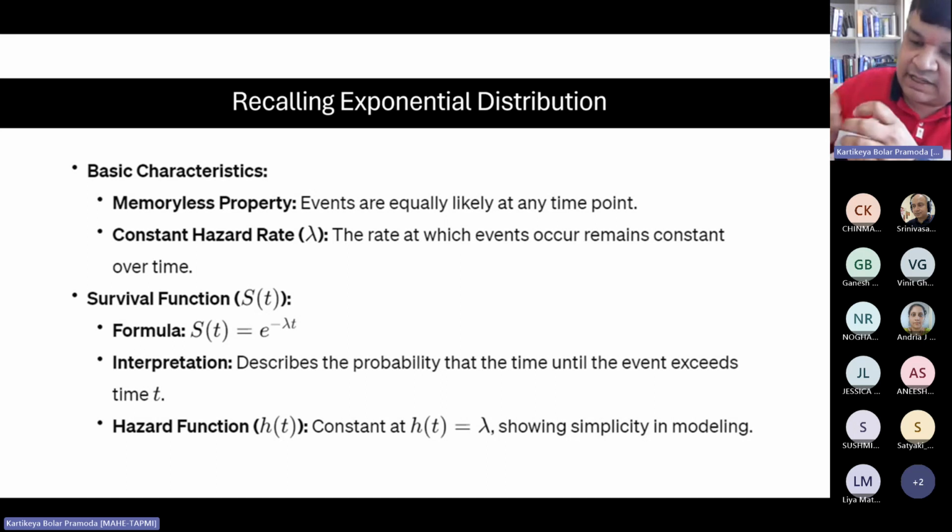Those things are not time bound, but they affect the state. They can be incorporated only in the Cox regression model. You can say it's an extension of exponential distribution, but with covariates or independent variables other than time.